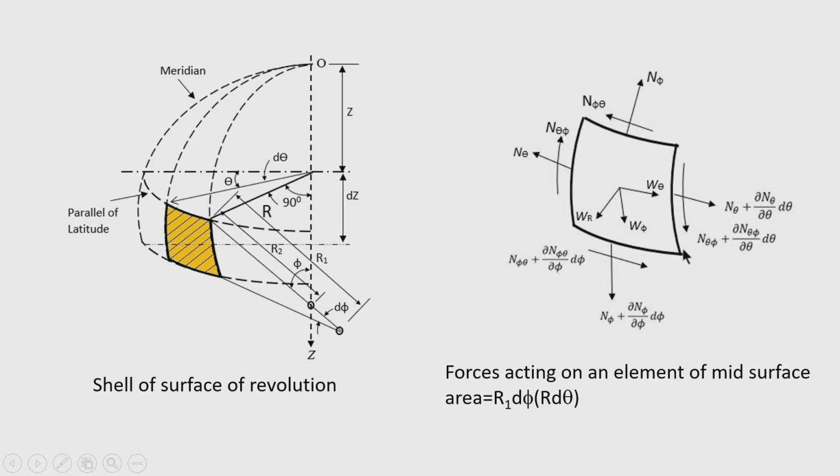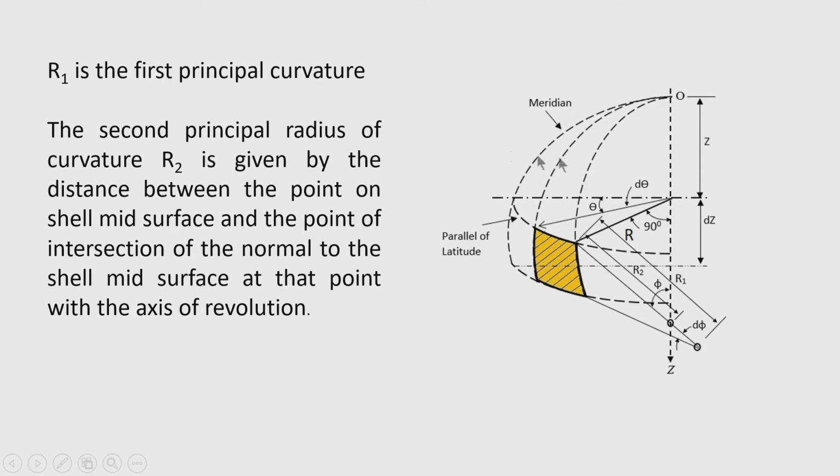So, all the forces can be calculated, and the total membrane shear force on this edge will be n phi theta r d theta. On the adjacent edge, the membrane shear force is n theta phi into r 1 d phi. So, principal curvatures r 1 and r 2 are introduced, and this will be used to form the equation for the stress resultants.